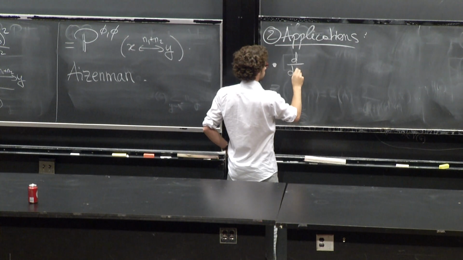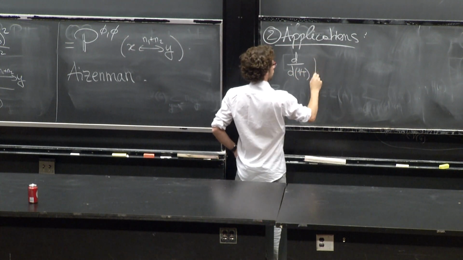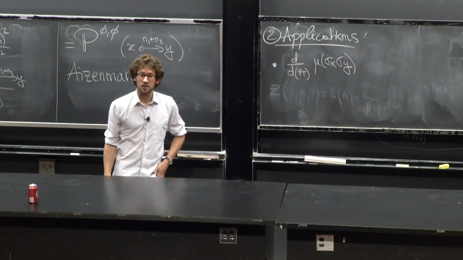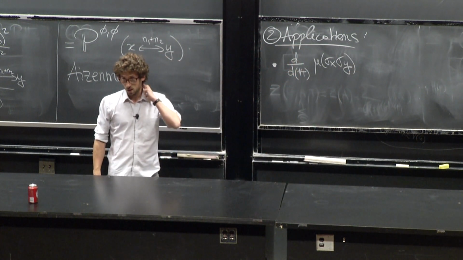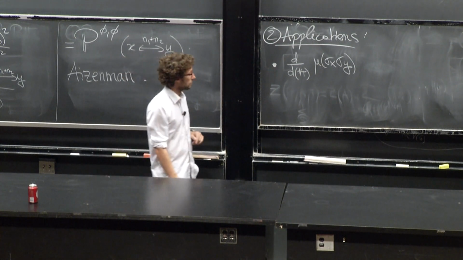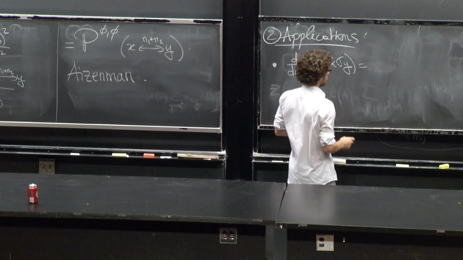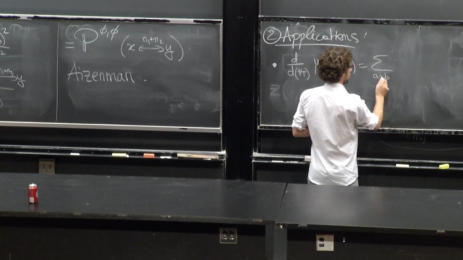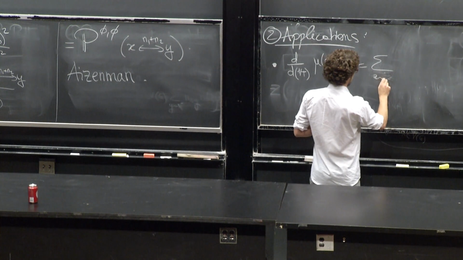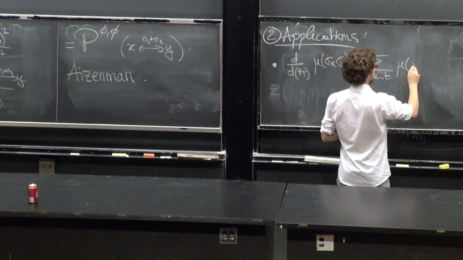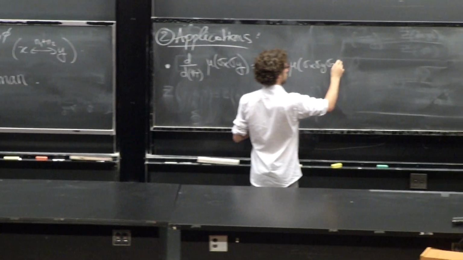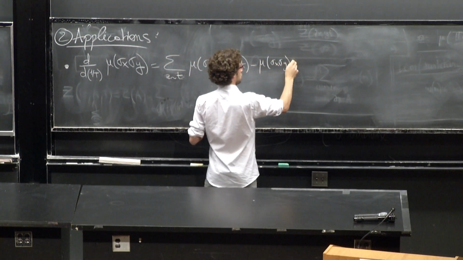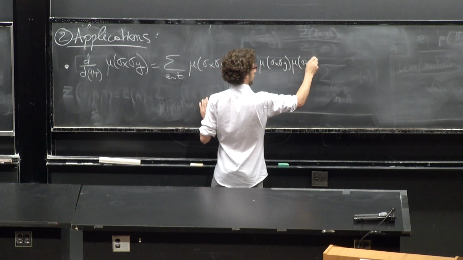Let's differentiate with respect to 1 over T the spin-spin correlation at 2 vertices, mu of sigma x, sigma y. Well, it's a very simple exercise, once again kindergarten type mathematics. It's the sum over z neighbor of t of mu of sigma x, sigma y, sigma z, sigma t, minus mu of sigma x, sigma y times mu of sigma z, sigma t.